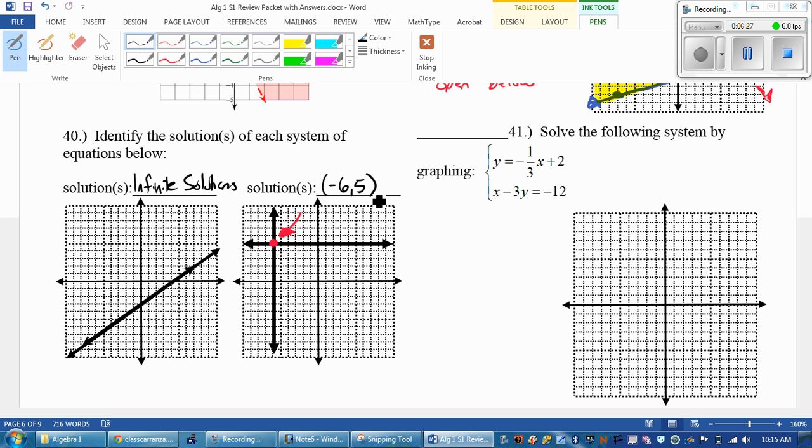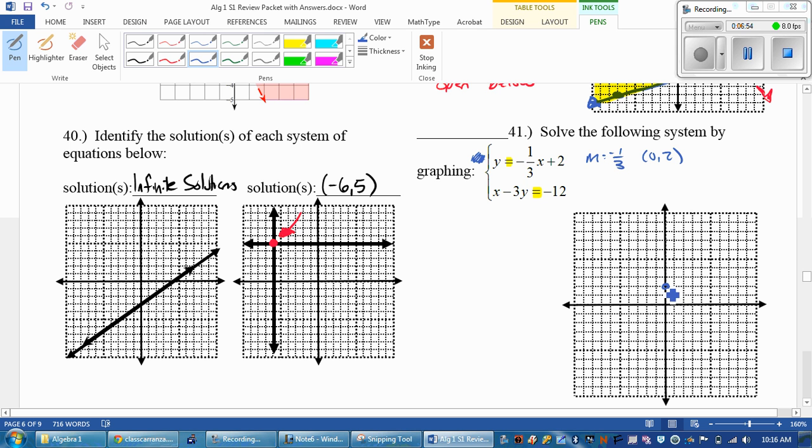All right, number 41. Solve the following systems by graphing. Now, a couple things to look at. They're all equal signs, so no shading. No shading when it's just an equal sign. So I'm going to do the first line in blue. I know that my slope is -1/3, and my y-intercept is the point (0, 2).